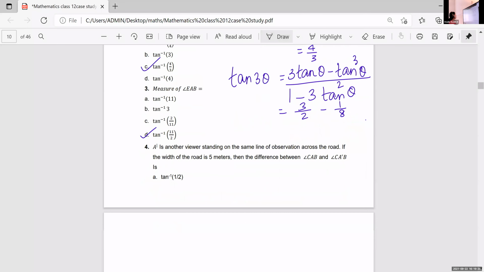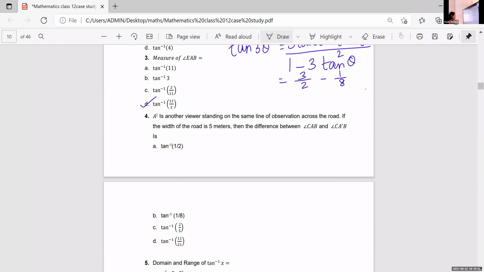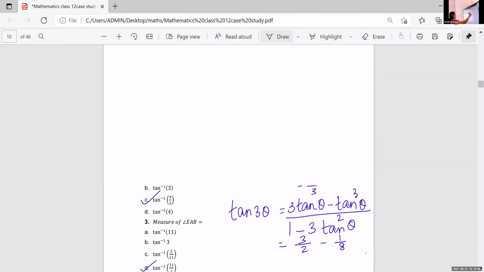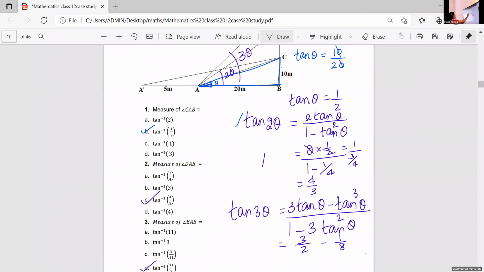Now look at the next one. If A dash is another viewer standing on the same line of observation across the road, and if the width of the road is 5 meters, then the difference between angle CAB and CA dash B. We want to find CAB and CA dash B. CAB we got as tan theta is 1 by 2.